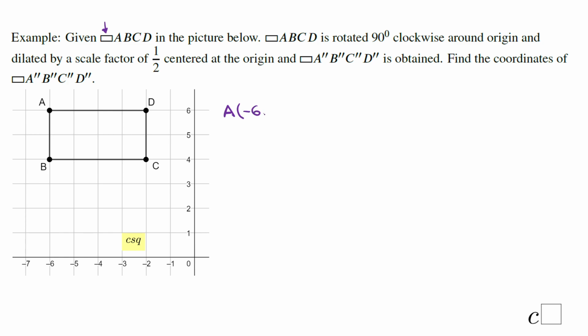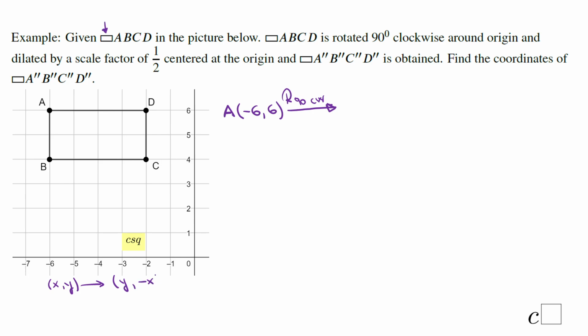The first thing you want to do is rotate 90 degrees clockwise around the origin. There is an algebraic way to do it, which says (x, y) becomes (y, -x).